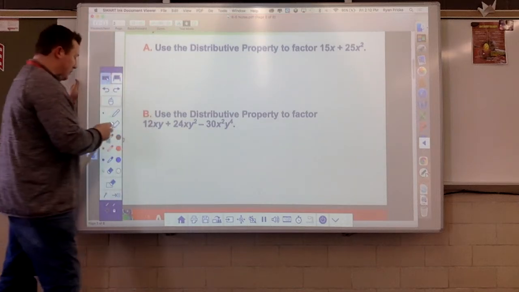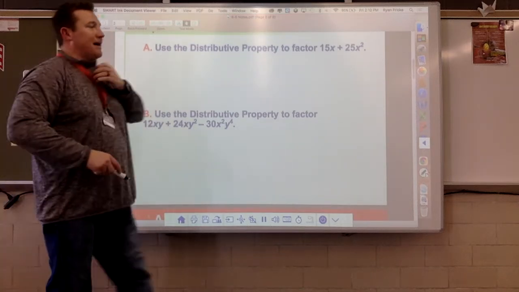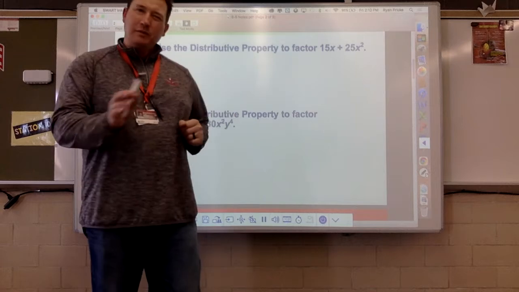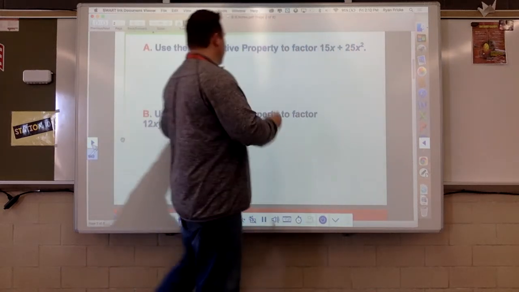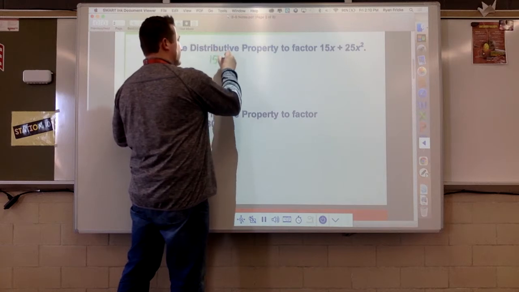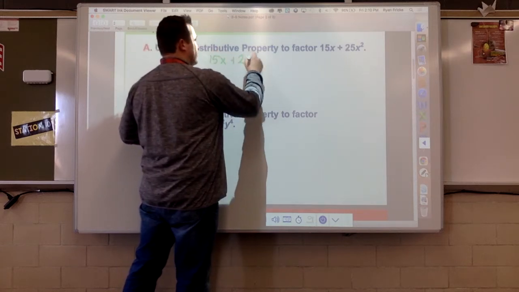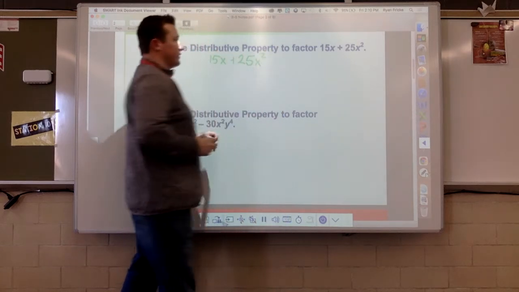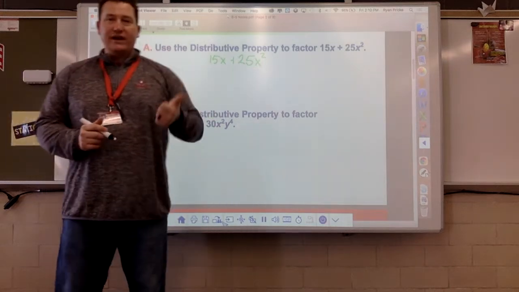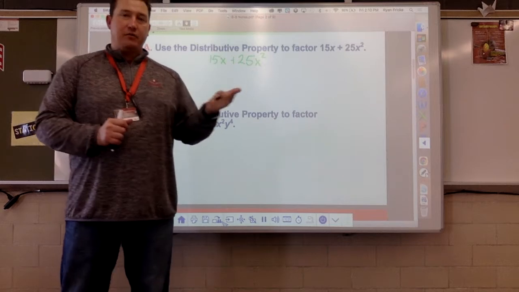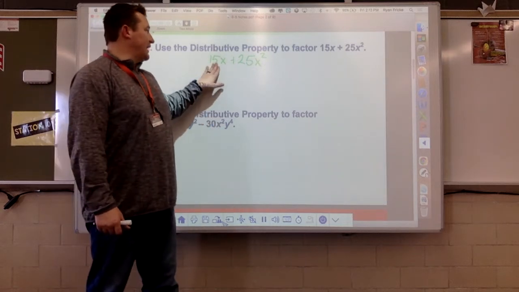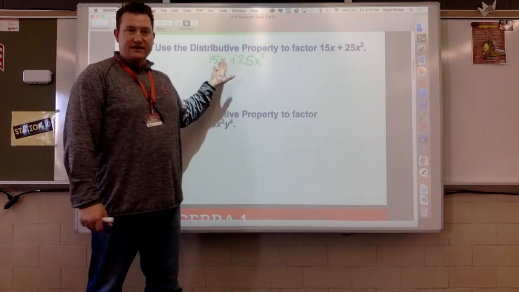Use the distributive property to factor. Now, this might look familiar because we did a little bit of this in 7th grade, but we kind of step up our game here. So we are going to factor 15x plus 25x squared. We need to come up with the biggest number and the biggest variable that we can divide into each one of these expressions.